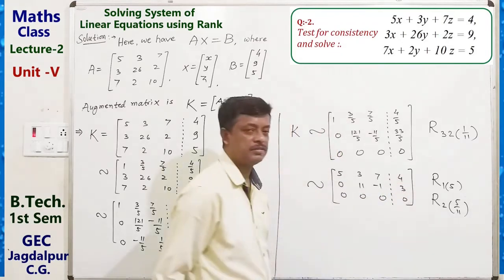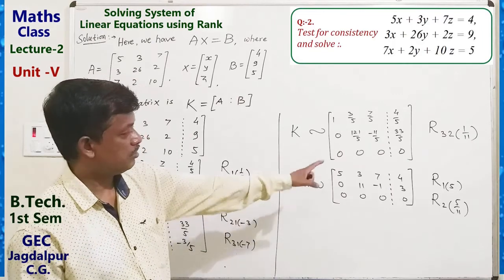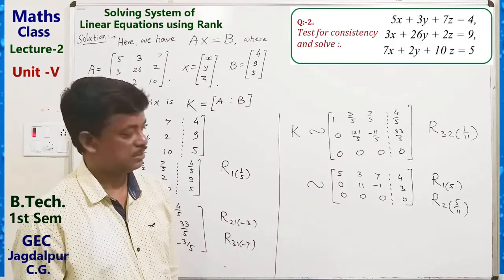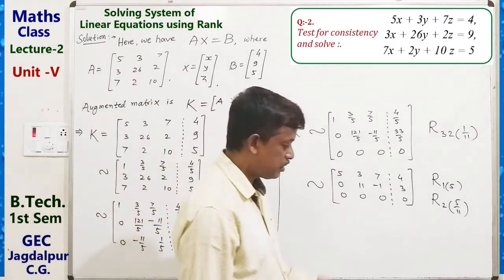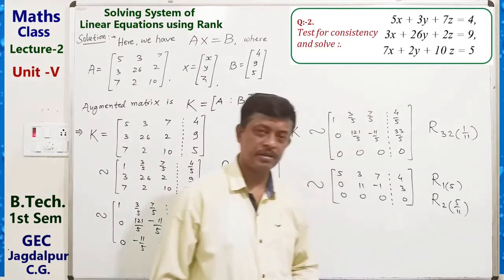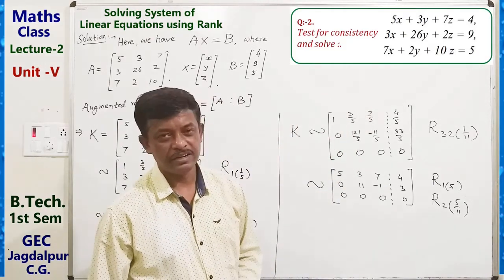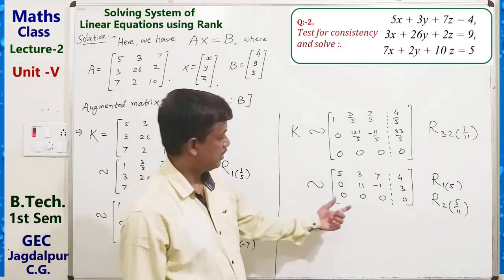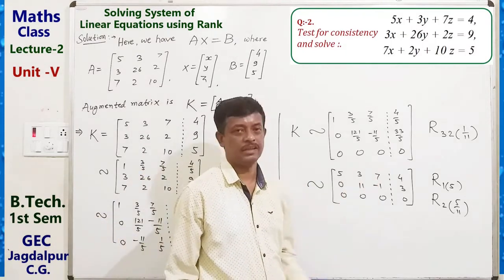So this is our simplified form of upper triangular matrix. Here, from here we can find rank of A. This is A, total is K.